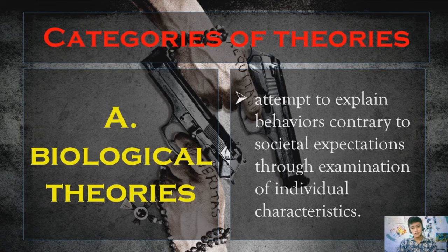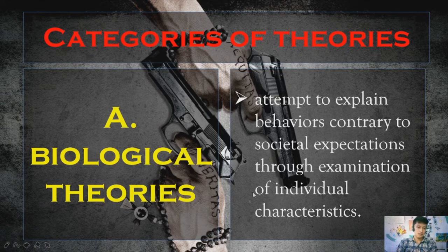So biological theories, these are theories that attempt to explain behaviors, contrary to societal expectations through examination of individual characteristics. So nandito na yung physical traits ng isang tao, or body build ng isang tao, tinitignan nila, and then they are going to relate it on behaviors contrary to societal expectation, or yung tinatawag natin na crimes. Crimes, delinquency, and others. So behaviors contrary to the society.